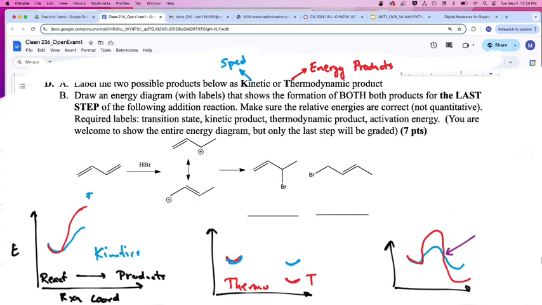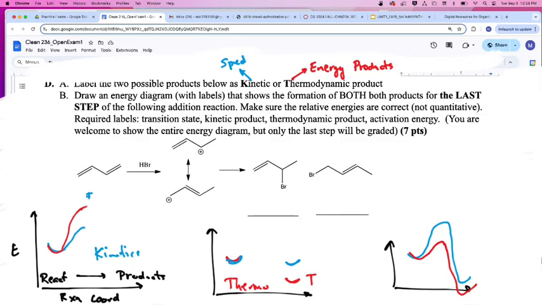Do all reactions have this crossover? No. Because we could very well have systems, and now we'll just call them red and blue, where we get something like this. Well, it's across the beginning.